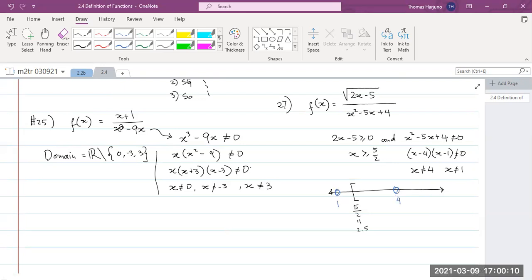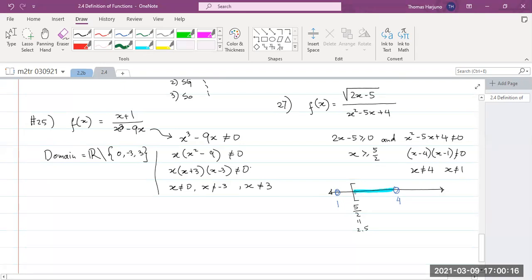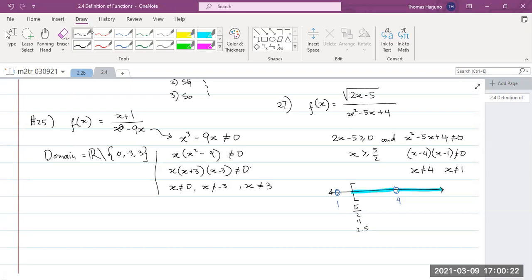Putting things together, the domain must be from 5/2 up to 4, not including 4, and then greater than 4. So the domain will be from 5/2 to 4, union 4 to infinity.